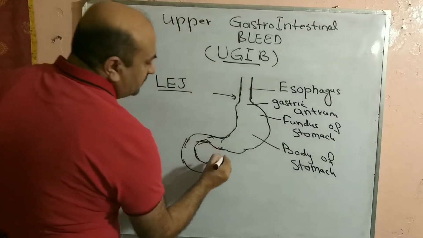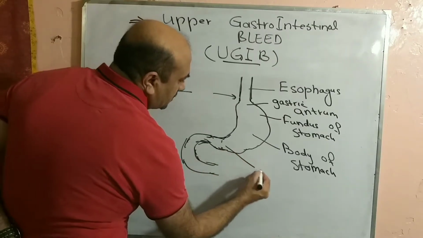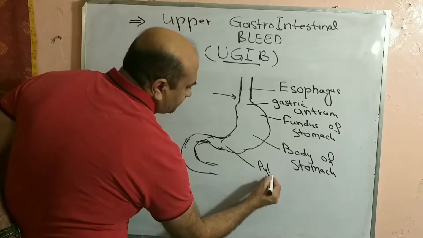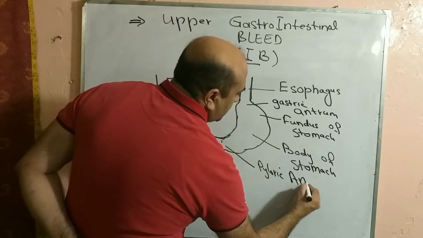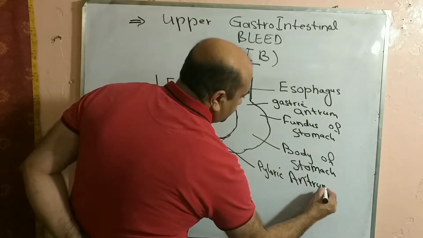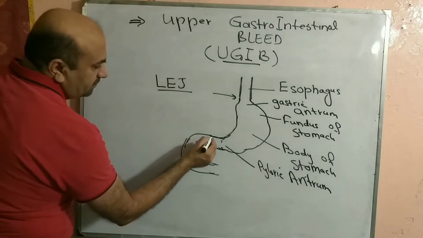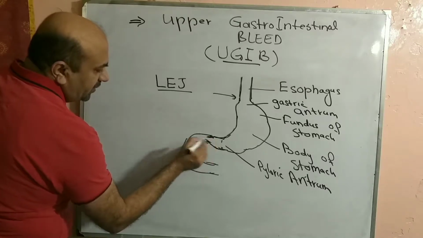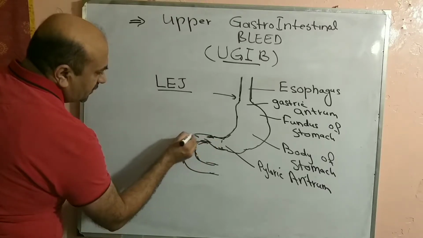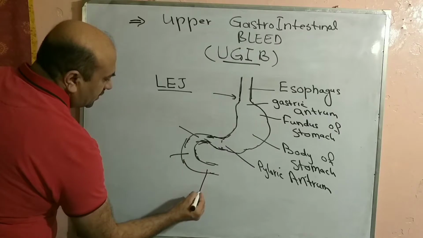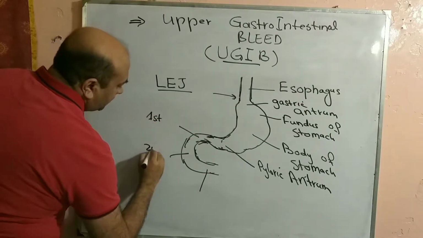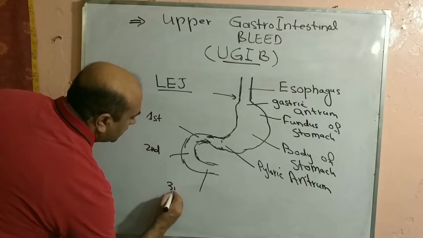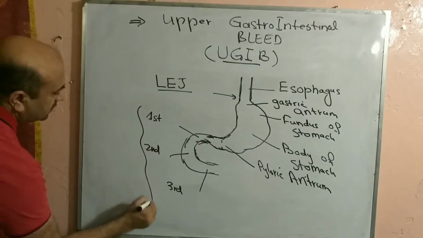And here comes the pyloric part of the stomach, the pyloric antrum, and this is the pyloric sphincter here, and this is the first part, second part, and third part of the duodenum.